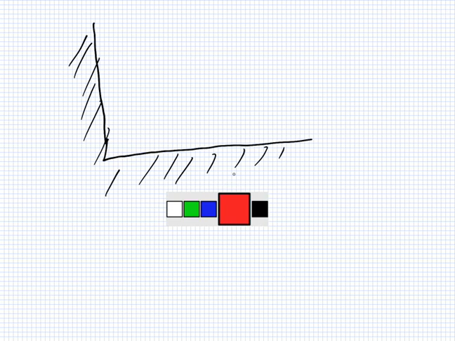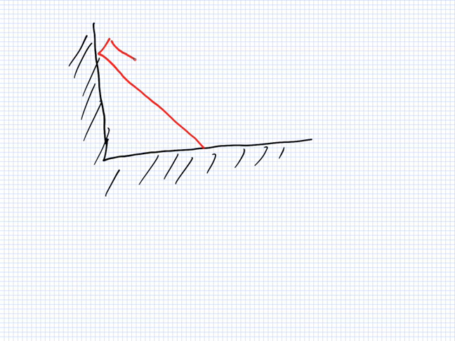Right, so let's have a look at this problem now. So this is a wall and ground, and then we have this time a ladder against the wall. I like easy numbers, so we'll make it a 10 kilogram ladder here.